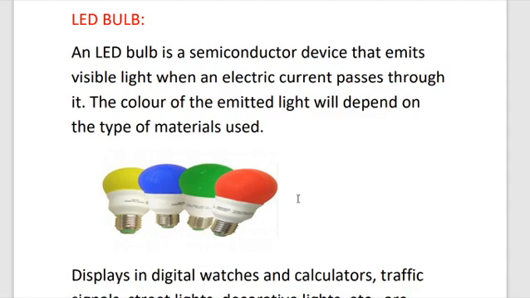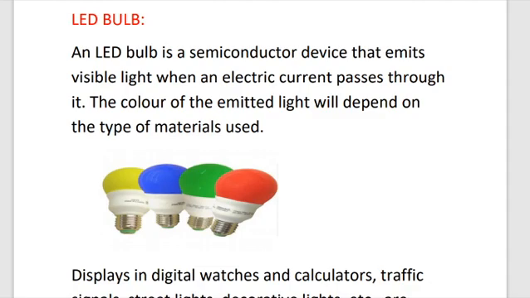With the help of chemical compounds like gallium arsenide and gallium phosphide, the manufacturer can produce LED bulbs that radiate red, green, yellow, orange colors. Displays in digital watches and calculators, traffic signals, street lights, decorative lights, etc. are some examples for the uses of LEDs.